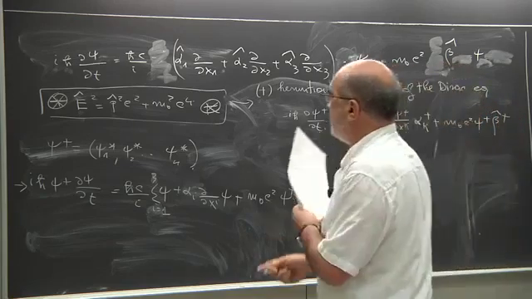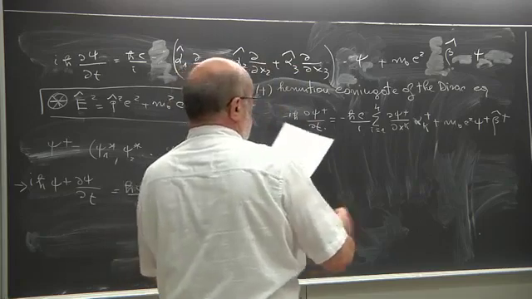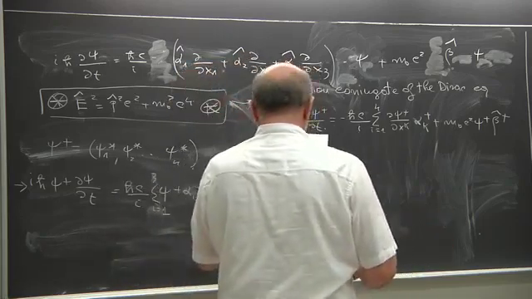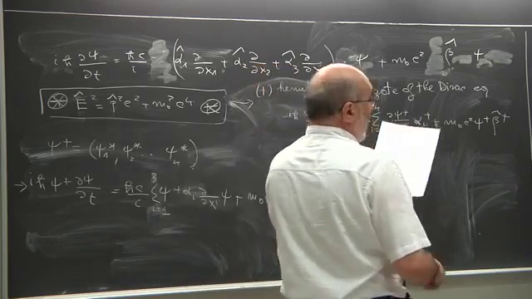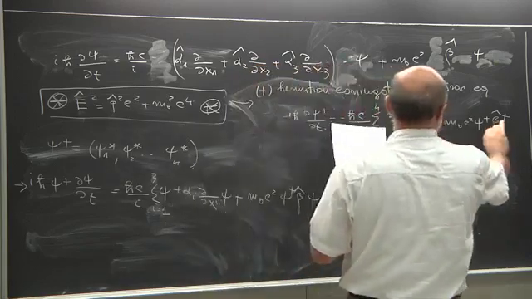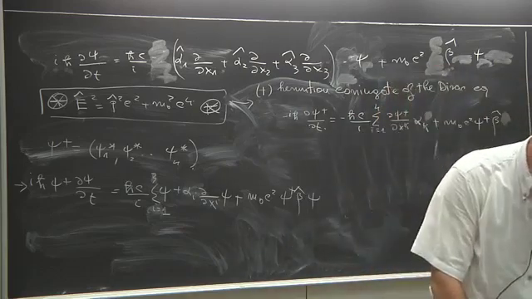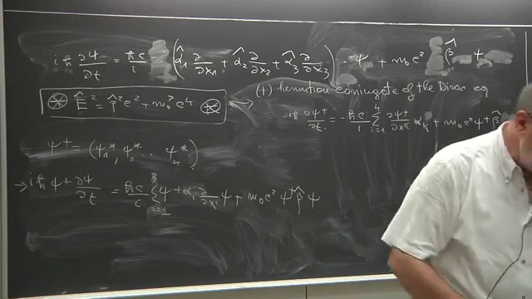When I do the dagger, I have to reverse the matrices among themselves, or the vector and the matrix among themselves. Let us remember that alpha and beta are Hermitian, so I can take the dagger away. And now from this equation, let's multiply on the left.